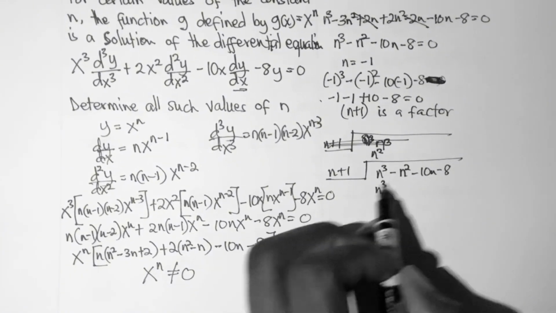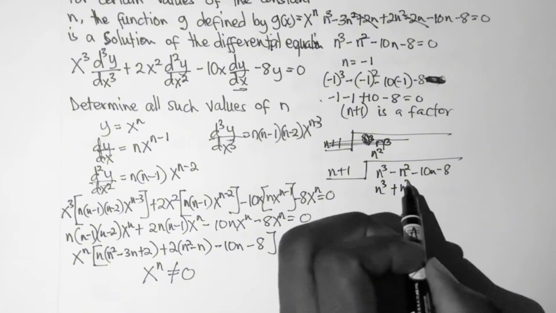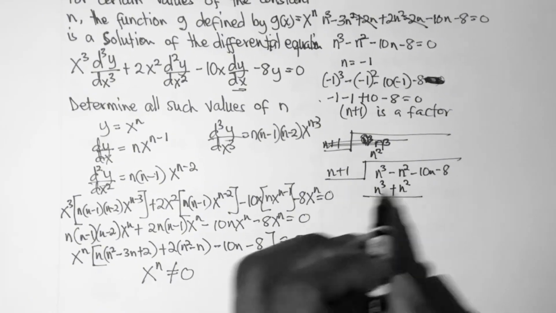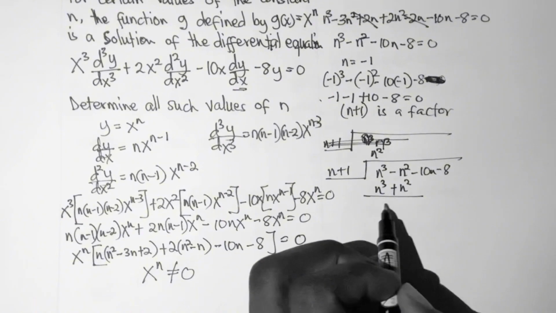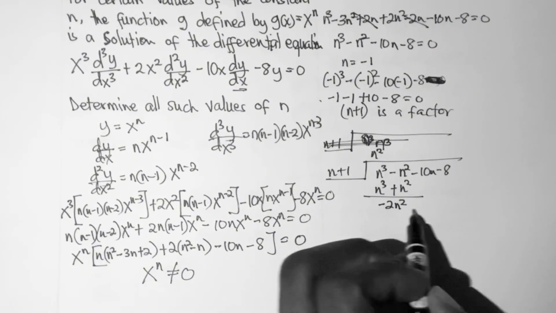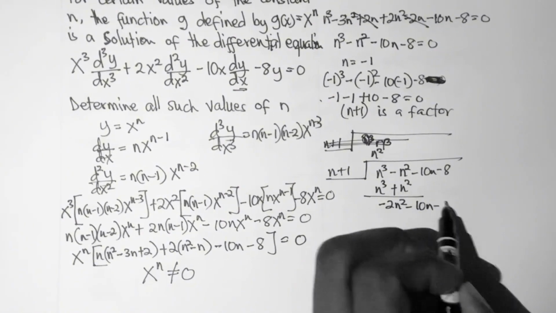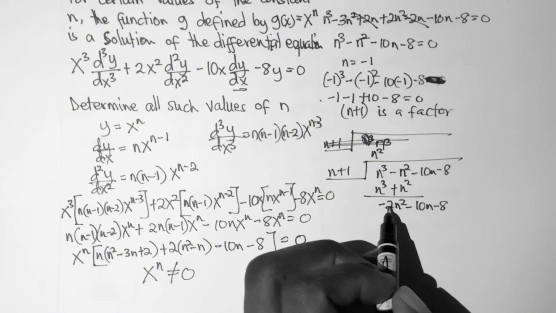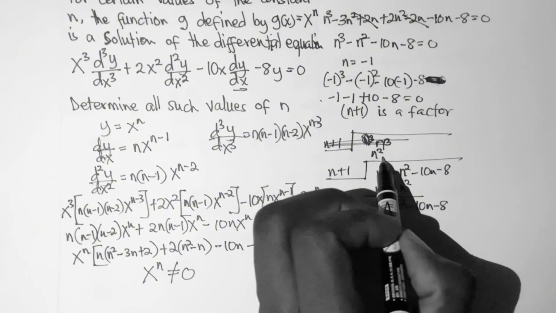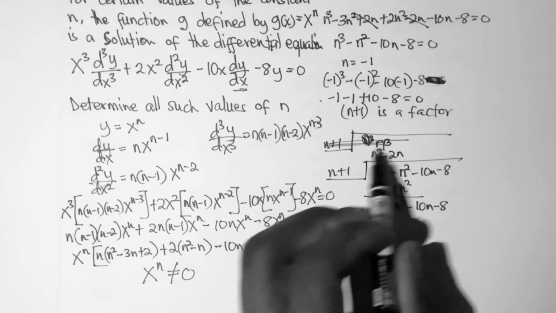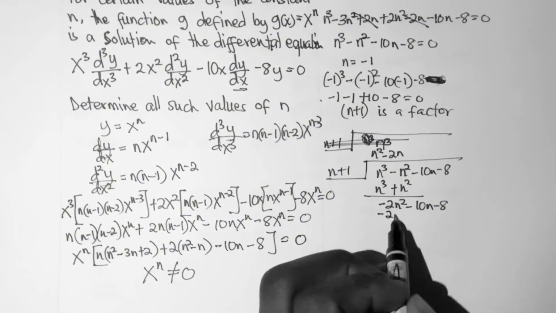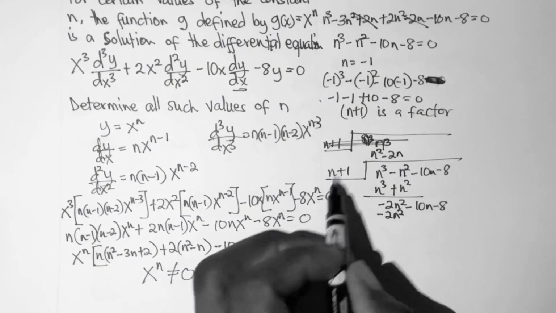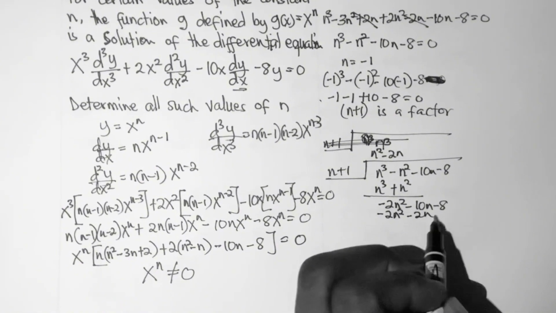N squared times 1 is plus n squared. So if we subtract, minus n squared minus n squared becomes minus 2n squared, minus 10n minus 8. Then let's put minus 2n here. So minus 2n times n becomes minus 2n squared. Then minus 2n times 1 becomes minus 2n.